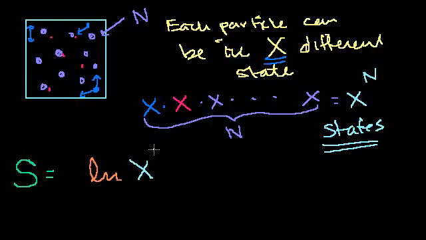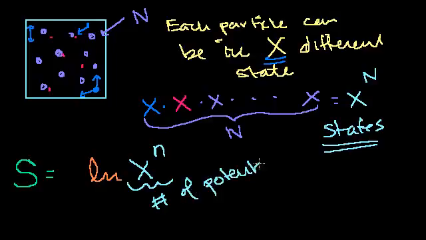So it'd be x to the n, where this is the number of potential states. And we need some kind of scaling factor. Maybe I'll need to change the units eventually. So let me put a little constant out front. Every good formula needs a constant to get our units right. I'll make that a lowercase k. So that's my definition. I call this my state variable.